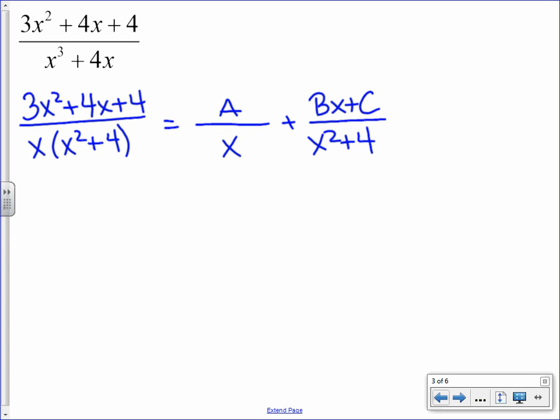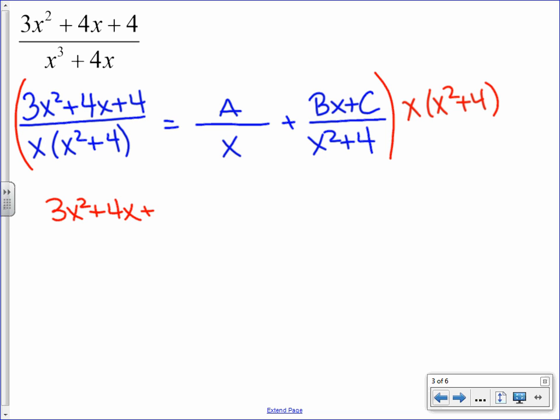Okay. Next step. Okay, so whatever, this is your common denominator every time. Okay? X times x squared plus 4 over 1, if you need it. So what happens when we multiply our common denominator to this fraction? What happens when you multiply it to a over x?